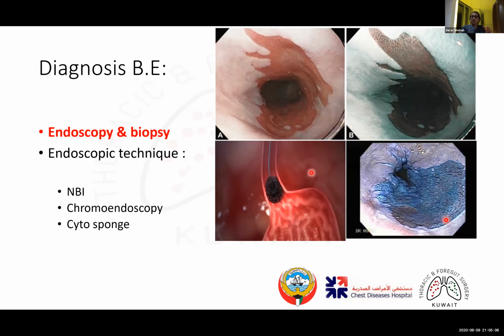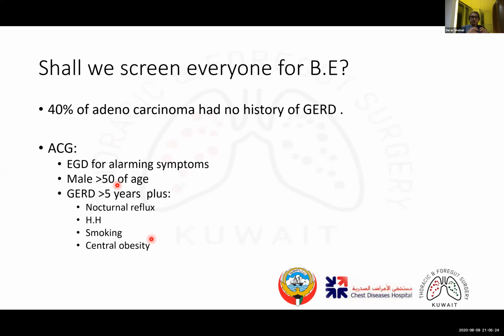It's called chromoendoscopy. Or, last but not least, more recently, we use something called Cytosponge, in which the patient swallows a capsule, and then they do some sort of brush biopsy, and then they take it for histopathology.